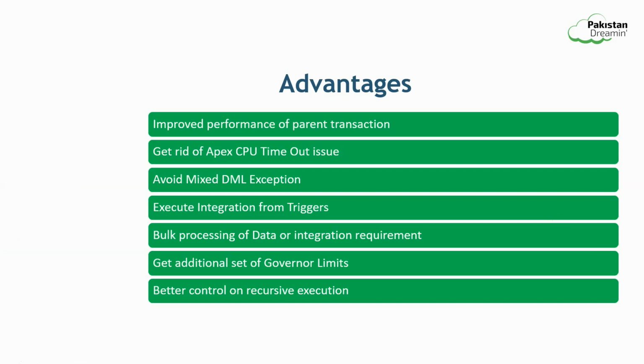When you have very complex operations, you might get an Apex CPU timeout issue, and that can be solved using this approach. You can avoid mixed DML exceptions, and you can call integrations from a trigger. Bulk processing of data is another use case, you get an additional set of governor limits as we discussed, and you have better control over recursive execution.